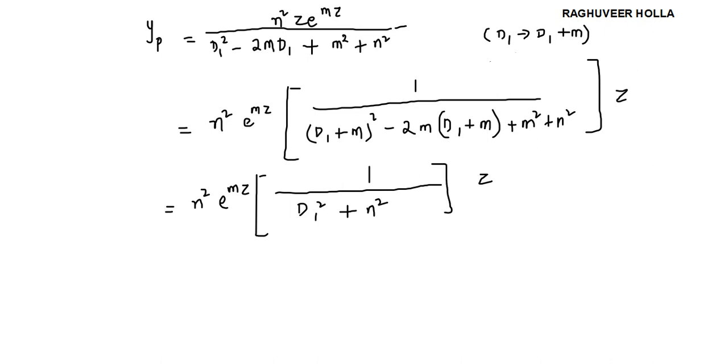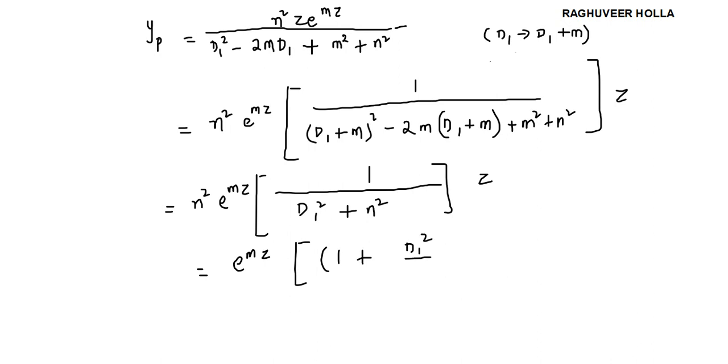Now if I take n square outside, I can cancel n square, so I will be left with e to the power of mz. And afterwards, if I bring it onto the numerator, I get d1 square divided by n square.